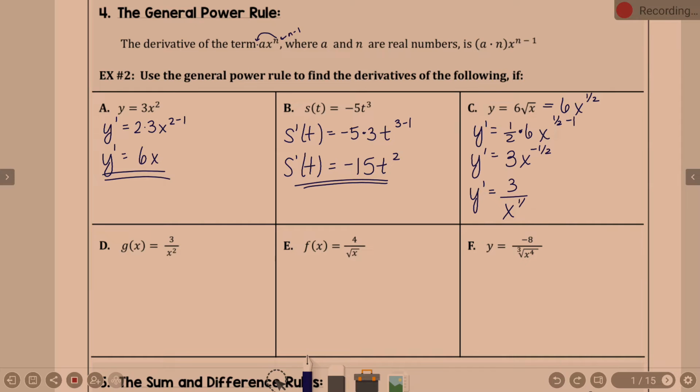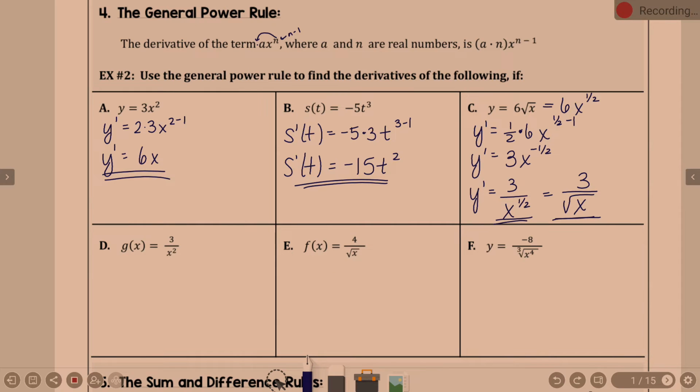So it's 3 over x to the 1/2, or in other words, 3 over the square root of x. And to me, both these final answers are right. The only thing I would say, it gave me square root of x to begin with, so ending with the square root in your answer is usually a good thing. However, I'm not opposed to the other answer.